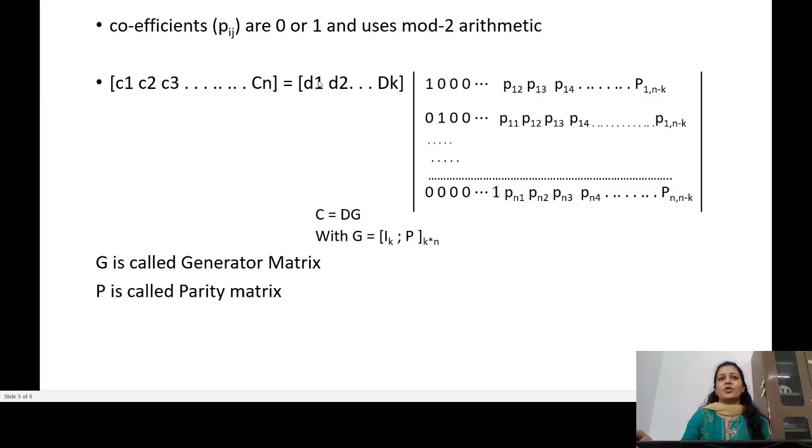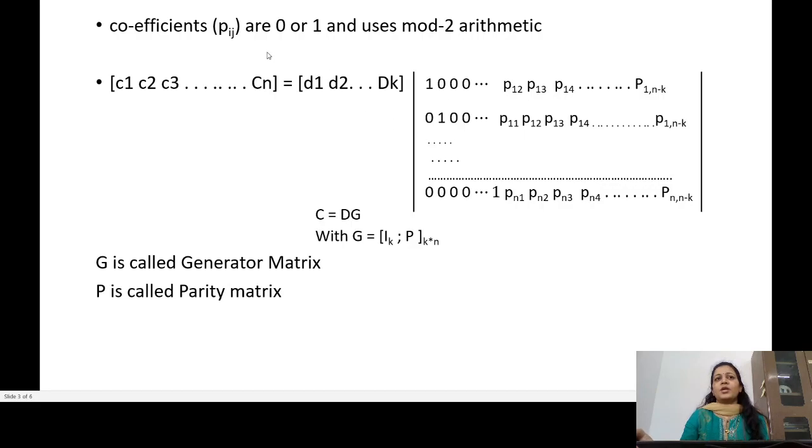Therefore C1 is equal to D1. To obtain the second bit, I will multiply the row matrix with the second column. That gives me only D2 because I have only a single 1 and the remaining bits are 0. Similarly, the third term is D3, the k-th term is Dk, and so on.